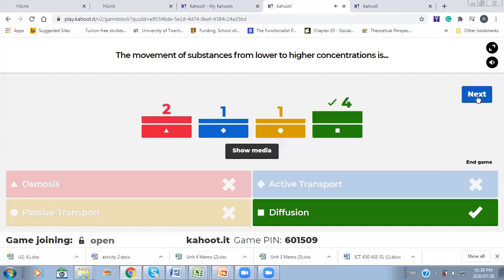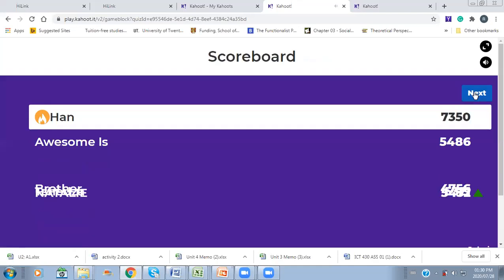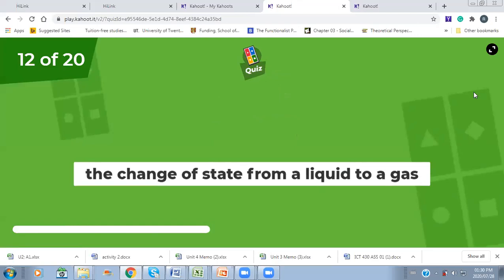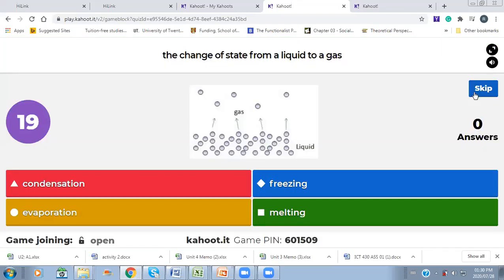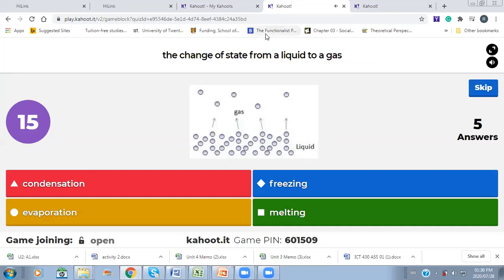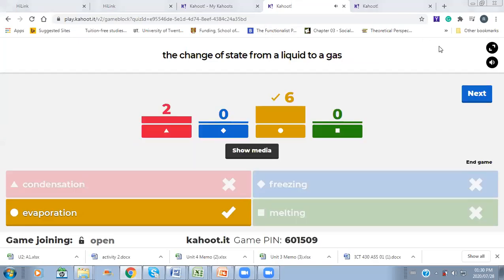All right, let's go to the next. 4 people got this one right. And Natalie was the first person to answer. The change of state from a liquid to a gas. All right, it's evaporation, and 6 got this one, and 2 chose condensation.